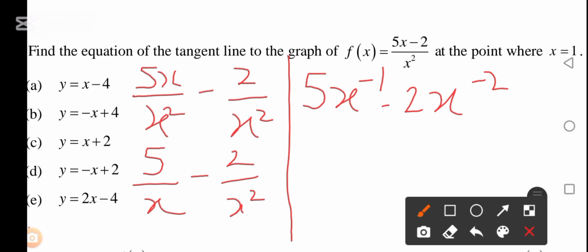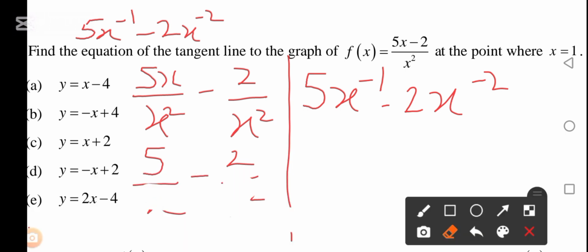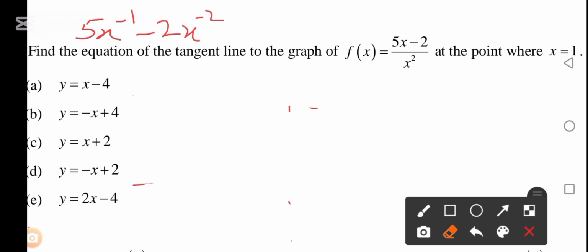So having this, we can now find the derivative of the function. Let's take note that we have been able to re-express the function as 5x to the power of negative 1 minus 2x to the power of negative 2. We can now differentiate this function.